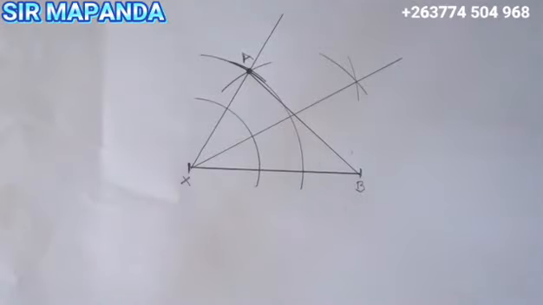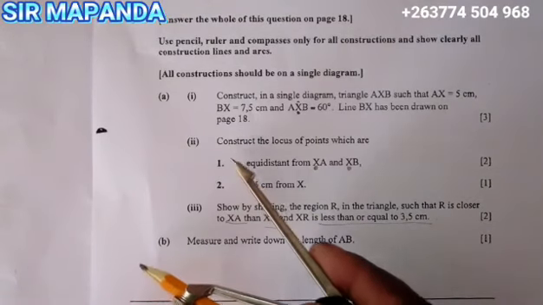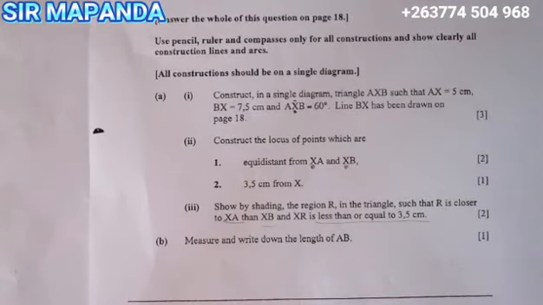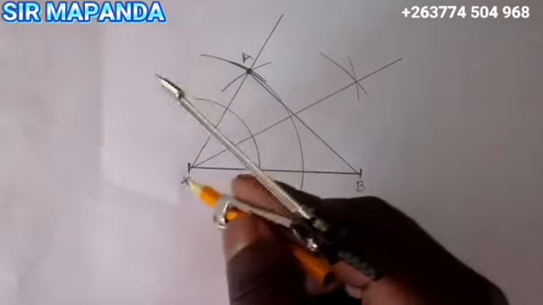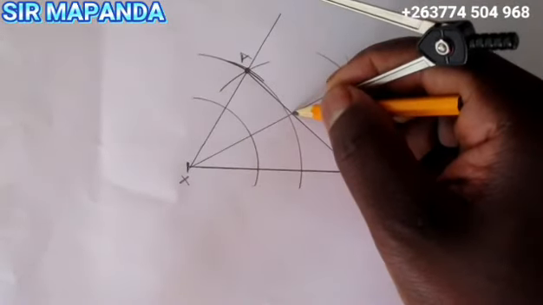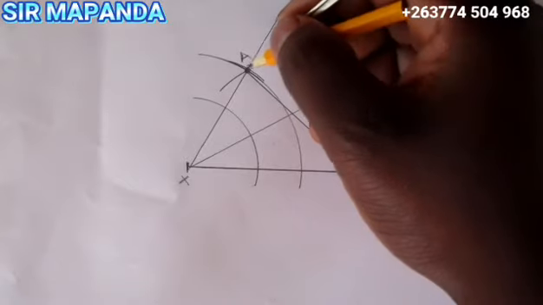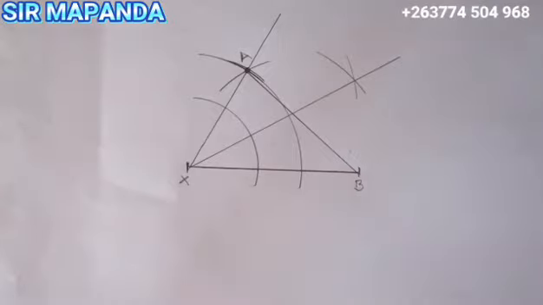But you need to be very careful because sometimes the examiner may give you like construct the locus of points inside the triangle. If there is word inside or within, this line must not produce outside the triangle. But you have to leave this line, right, at the point of intersection between this line and AB without passing out of the triangle. I hope you are following, class.